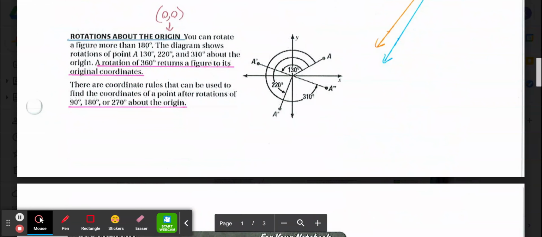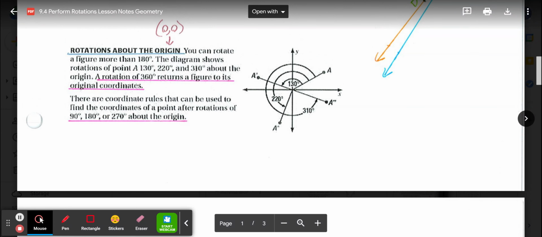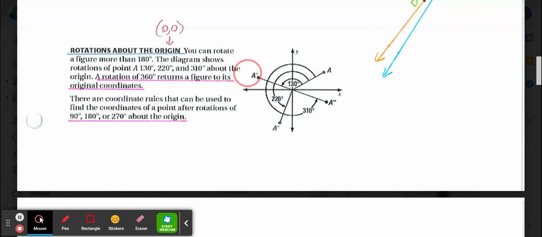So our next part are rules specific to rotating about the origin. And what you want to remember is the origin refers to point 0, 0 on a coordinate plane. So you can rotate a figure more than 180 degrees. The diagram over here shows our original point A here.